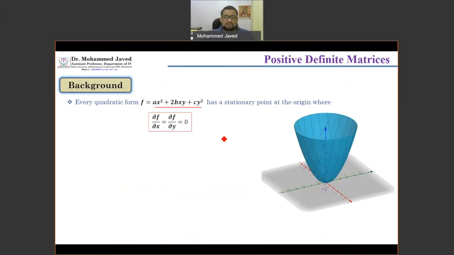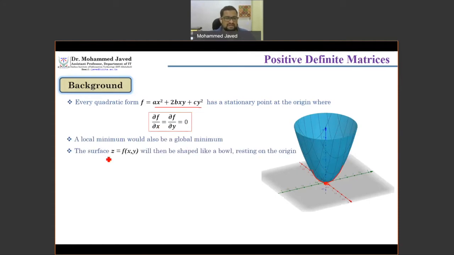This is the minimum point, and the function is increasing in both directions. So a local minimum would be the global minimum in this case.